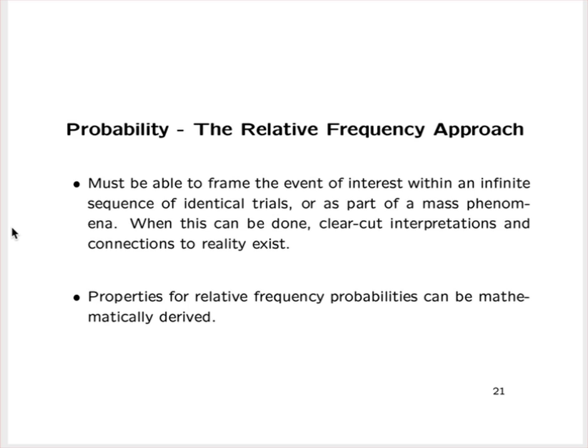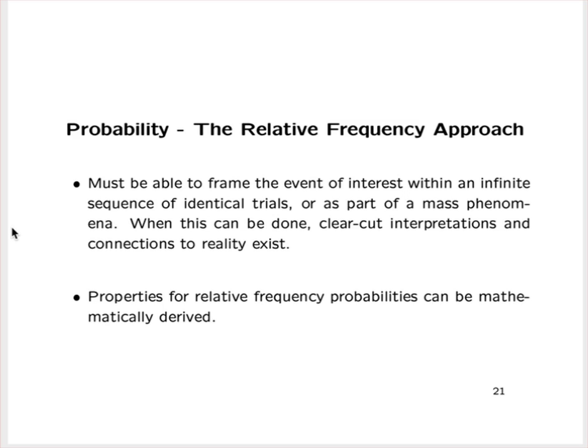Now, in order for relative frequency probability to be applicable or appropriate for a given situation, we must be able to frame the event of interest within an infinite sequence of identical trials or as part of a mass phenomenon. When this can be done, then clear-cut interpretations and connections to reality exist.